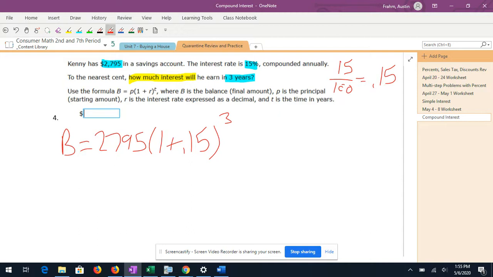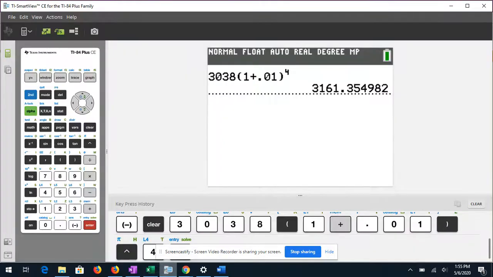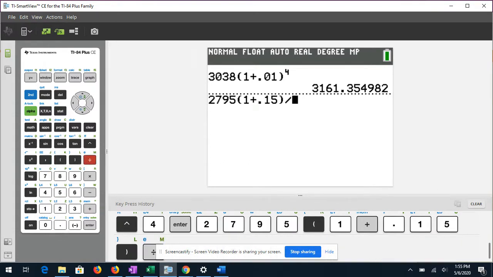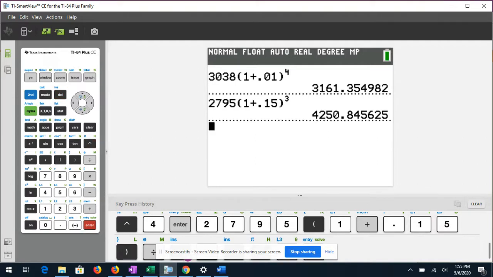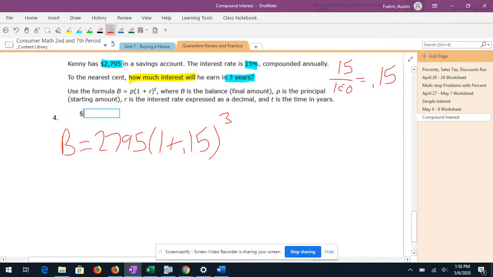So let's type this in first. 2,795 times 1 plus 0.15 to the 3rd power. We should round to 2 decimal places, $4,250.85.